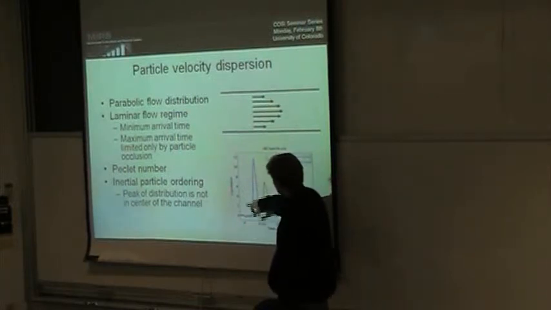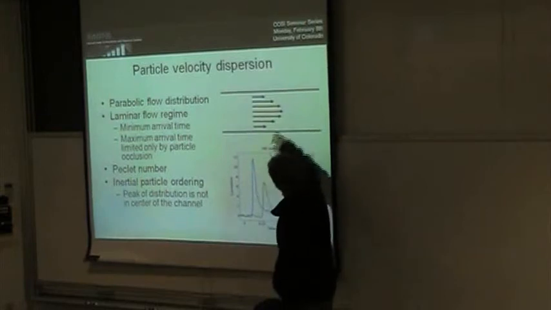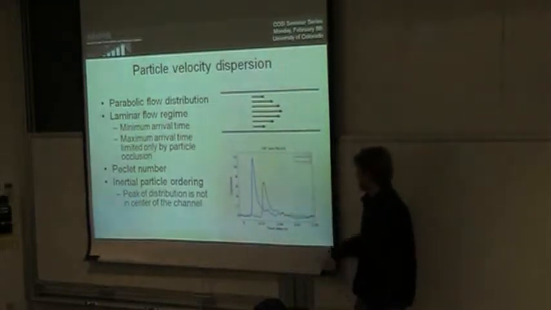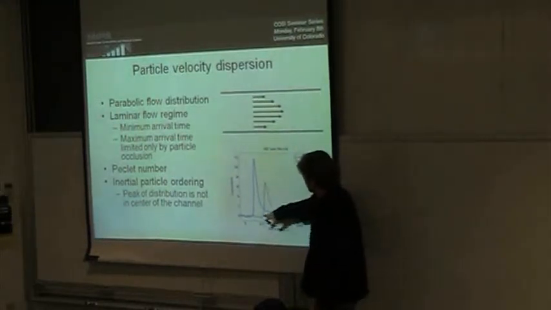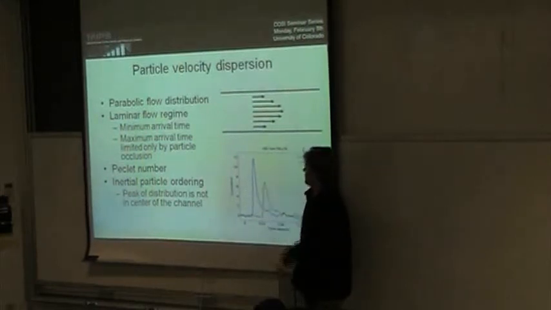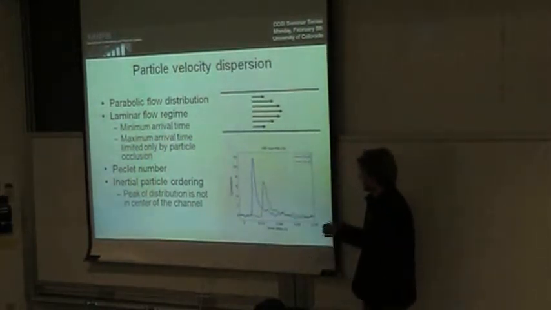Most of the beads arrive at the very beginning, and then there is a very slow tail, because close to the wall the velocities are very slow, and that time delay takes very long. So we can resolve this decay, and this tells us something about both the velocity of the beads as a function of position and the distribution of the beads in the channel.